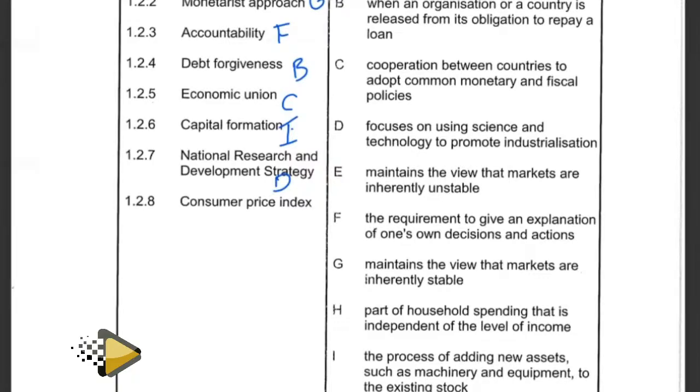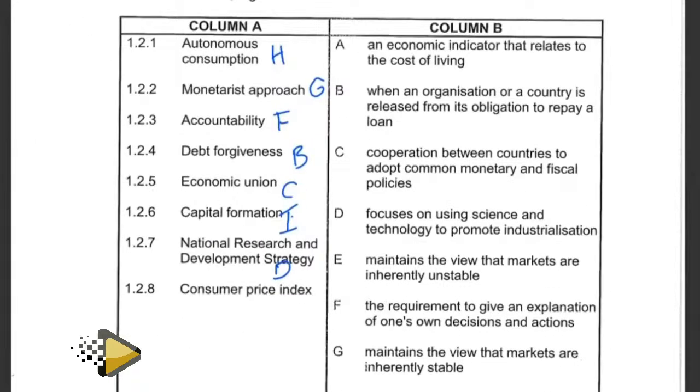Okay, right, grade 12. So now moving on to the next question, we have 1.2.8, which reads as follows: consumer price index. So now the appropriate answer for this consumer price index is going to be A, that reads: an economic indicator that relates to the cost of living. Why are we saying it does relate to the cost of living?